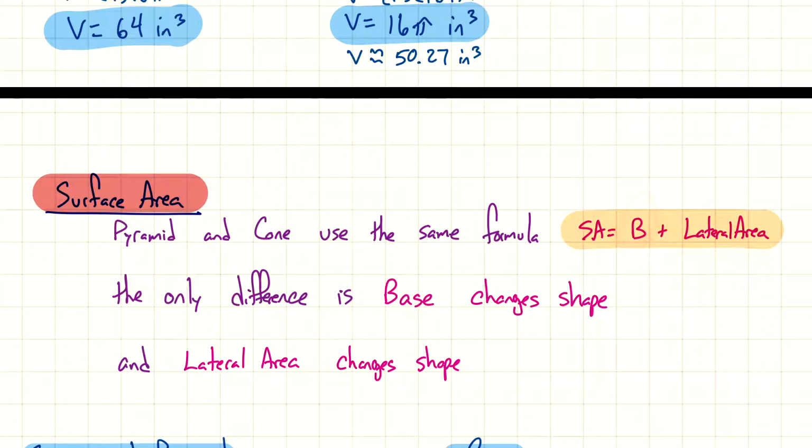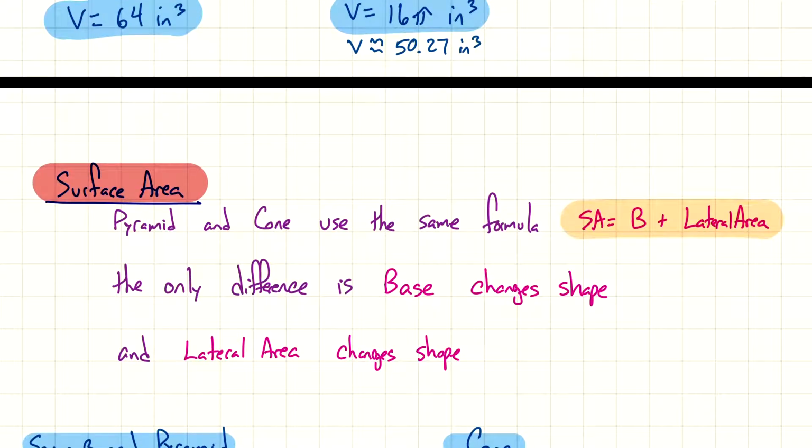So we need to find two things, the base area of the base, and we need to find the area of all the sides or the faces. So the only difference that's going to change is the base shape. So with the pyramid, it's going to be maybe a square, versus with the cone, it's going to be a circle. And when that happens, that changes the lateral area shape as well.